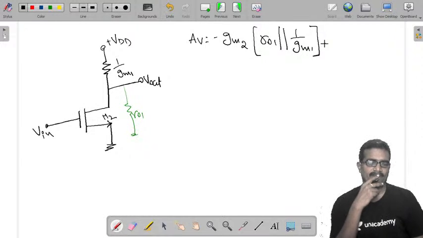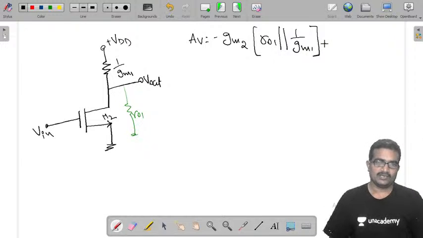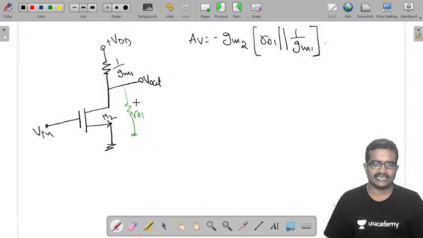Is it okay? Now, sorry, we do one more. We omitted lambda, that's why R01 also I am going to omit.